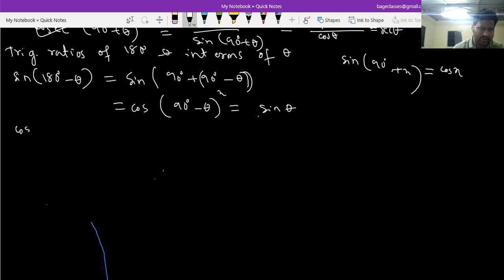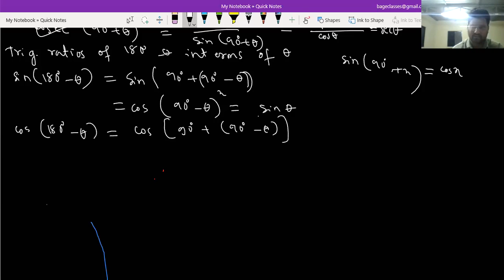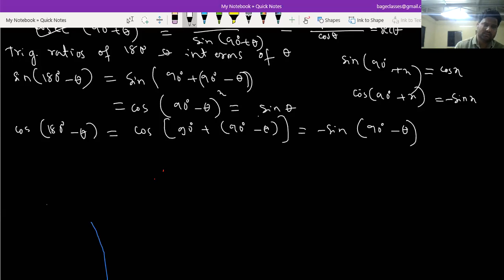Like this, cos of 180 minus theta is the same. We can write cos of 90 plus 90 minus theta. Again, I assume the same 90 minus theta as x. So cos 90 plus x. What is cos 90 plus x? Minus sin x. Cos of 90 plus x is minus sin x.